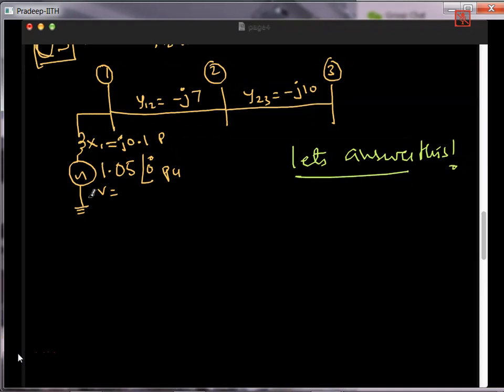So a voltage source in series with the impedance, you can replace with a current source in parallel with the impedance. So that is like the Norton's equivalent. So do you know Norton's equivalent? You can just replace a resistance with a current source.